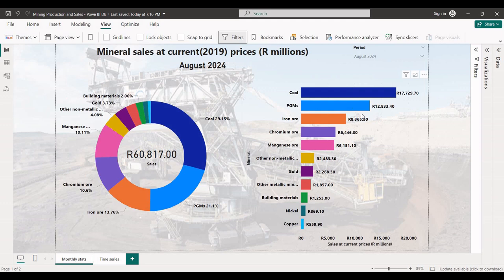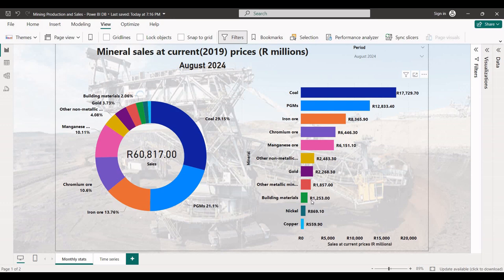Another point to note is that this data is in terms of sales and not volume, not in terms of tonnage mined. So some of these positions may be a consequence of some of the commodities being low priced. For instance, I'm particularly looking at building materials.